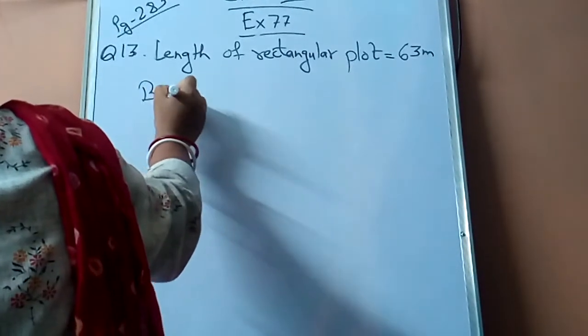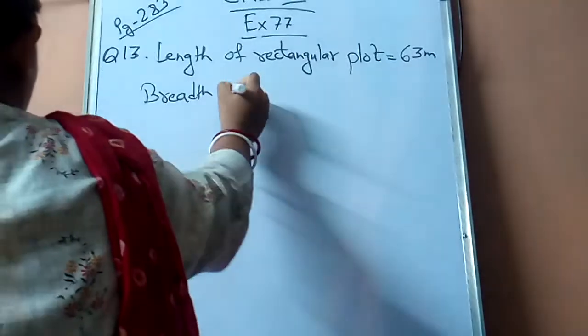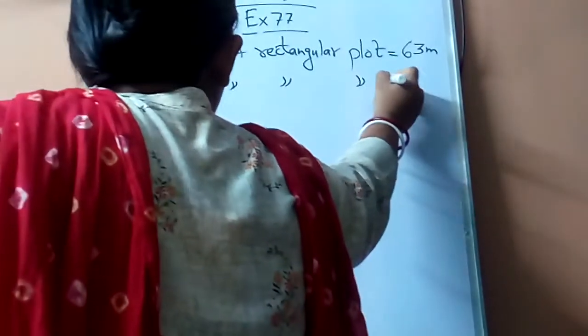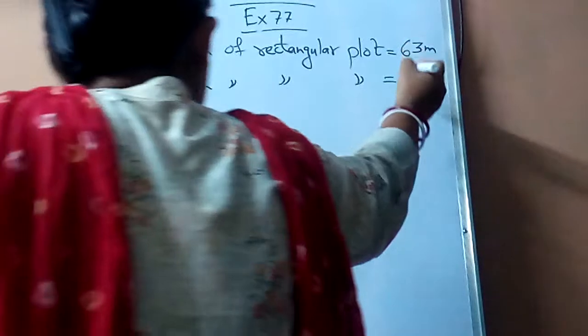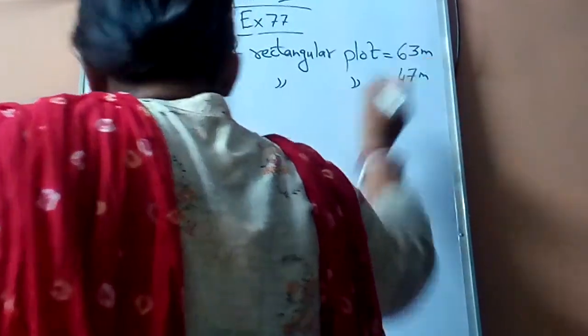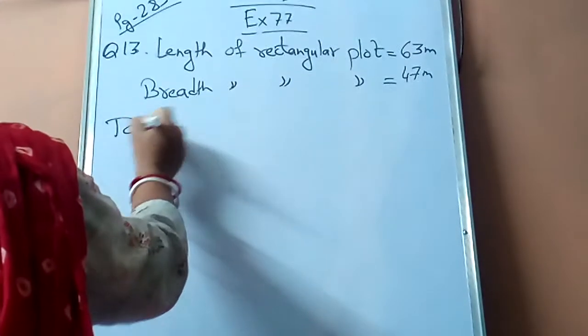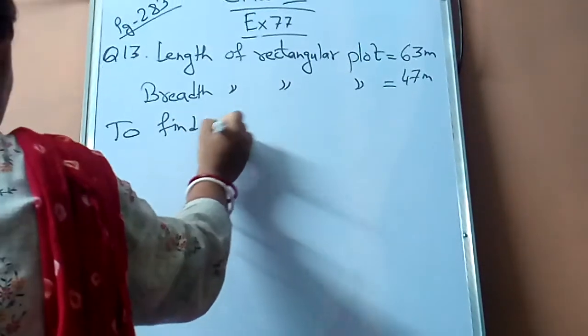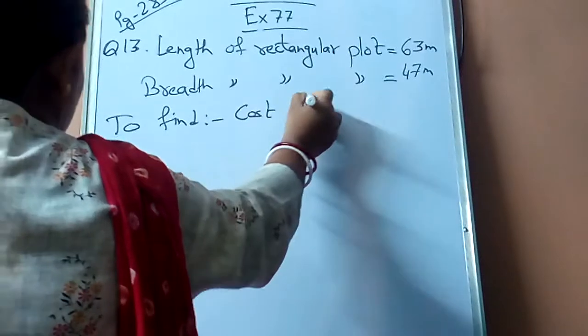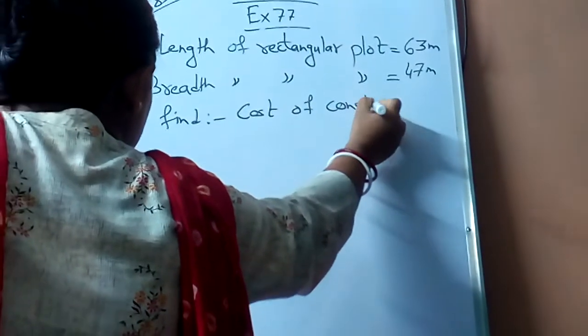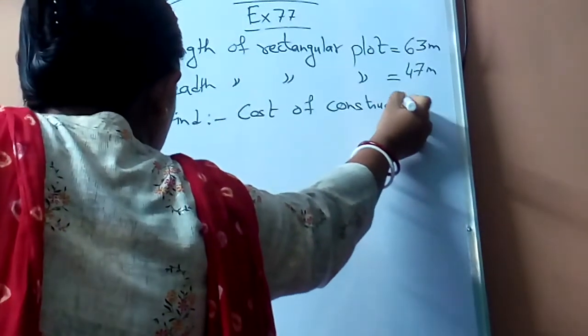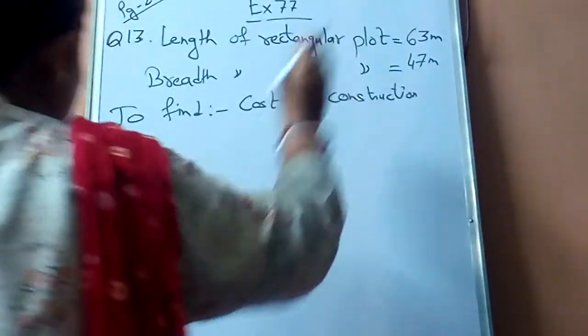Now breadth of rectangular plot is equal to 47 meter. To find cost of construction. You have to find the cost of construction.